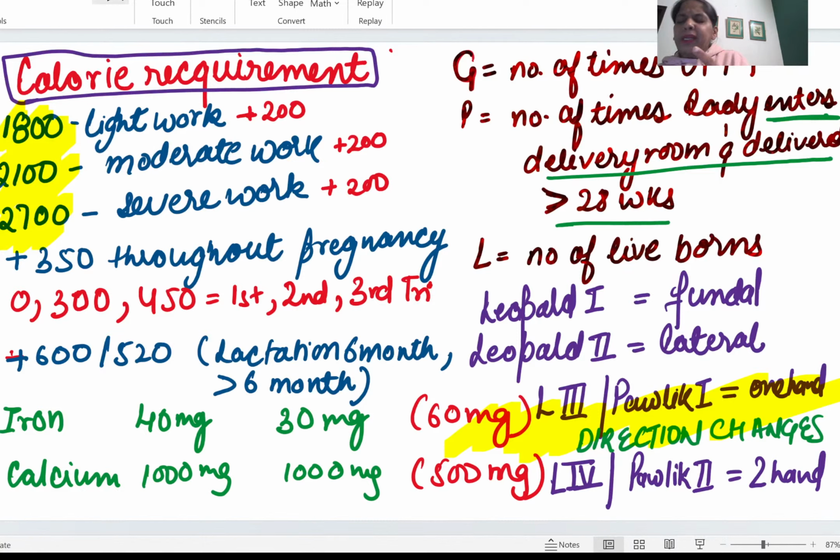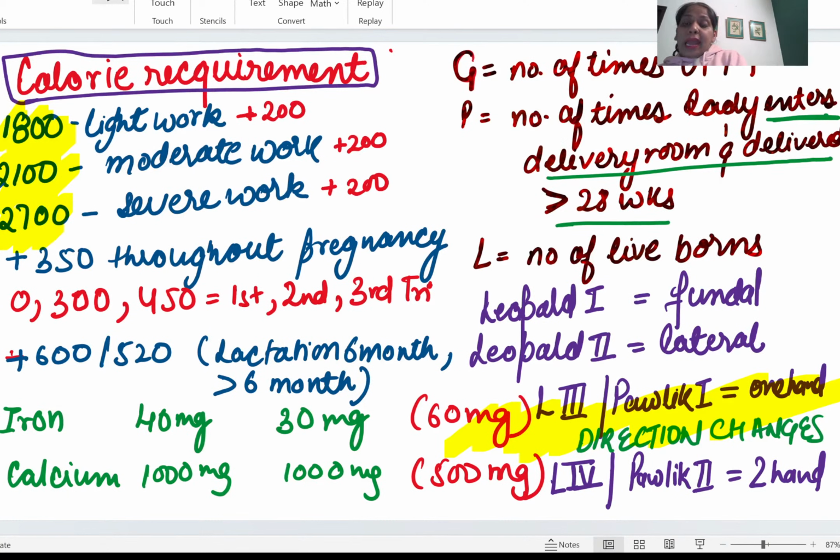And as you know, labor class works really very hard, so there we go for 3 9s are, not 3 8s, 3 9s are 27. So 3 6s are 1800 for sedentary lifestyle females, then 3 7s are 2100 for moderate workers like us, and for the labor class it is 3 9s are 2700.